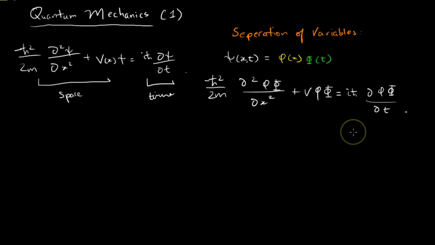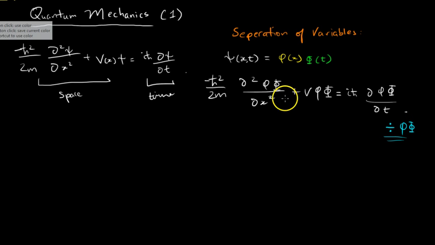Okay, so what have we accomplished here? Right now you can think that we haven't accomplished anything yet, but now this is the trick. We want to divide this whole thing by phi capital Psi. Now this is where it gets interesting.